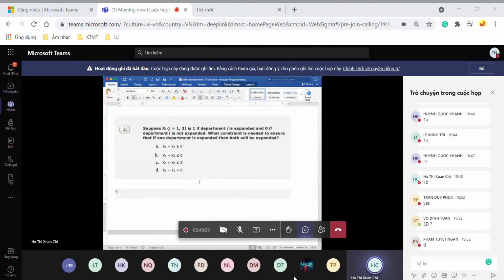So which one do you select? Yes, it's D. Because when x1 equals 1, x2 must equal 1. When x1 equals 0, x2 must equal 0. So the right answer is number D, 3D. Okay.